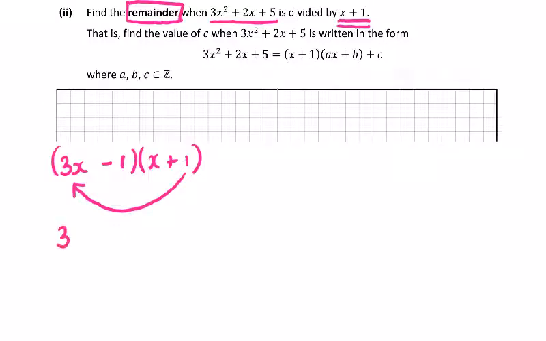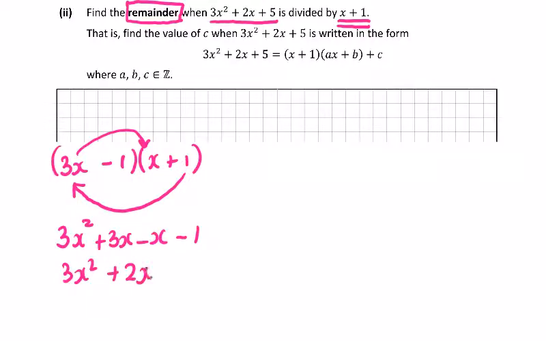Now if I multiply this out, you'll get 3x squared, then plus 3x minus x minus 1, which is 3x squared plus 2x, which is what we're looking for, but we have a minus 1, so we'd have to add 6 to get our plus 5. So does it look like our remainder is 6 here?